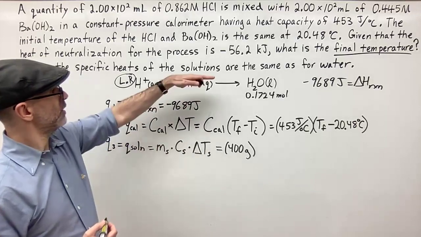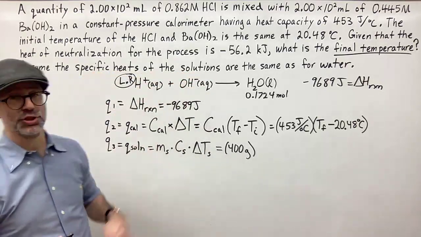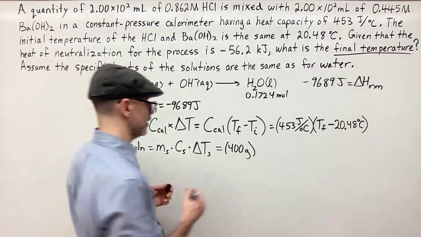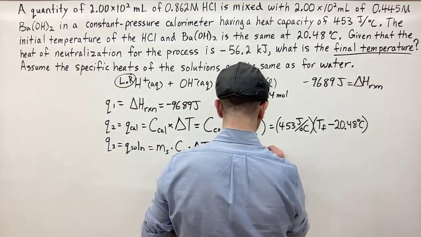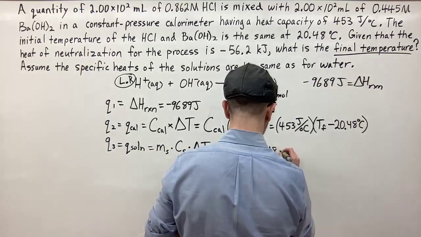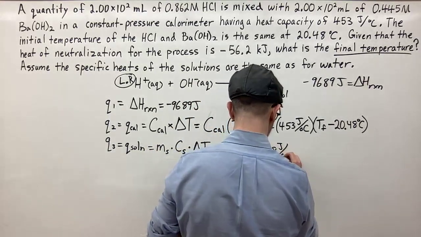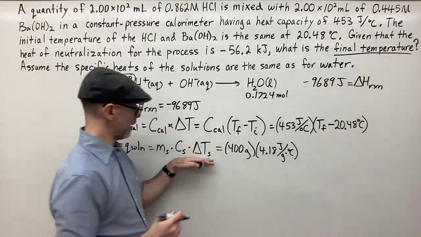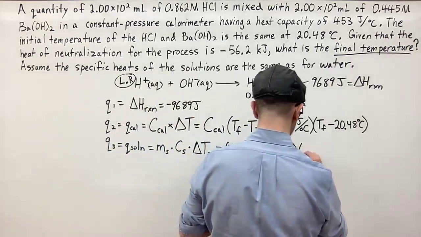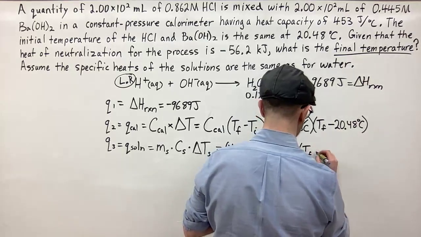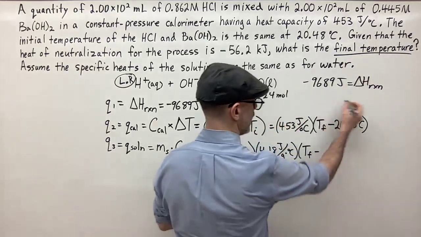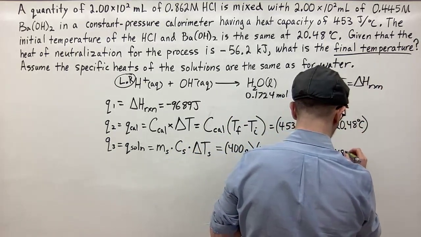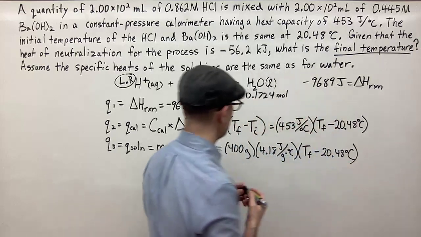We are told that the specific heat of the solution is going to be the same as water, and water is 4.18 joules per gram degrees Celsius. And again, multiplied by the temperature change. So it's going to be final temperature minus the initial temperature, which is again 20.48 degrees Celsius.